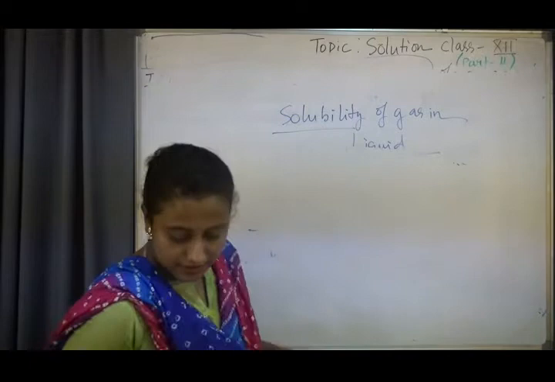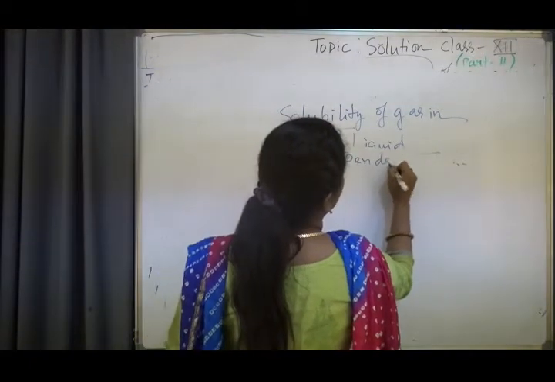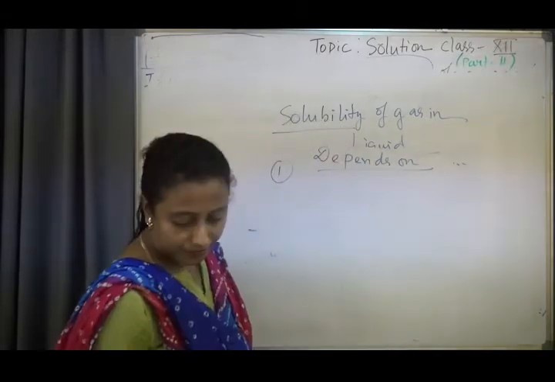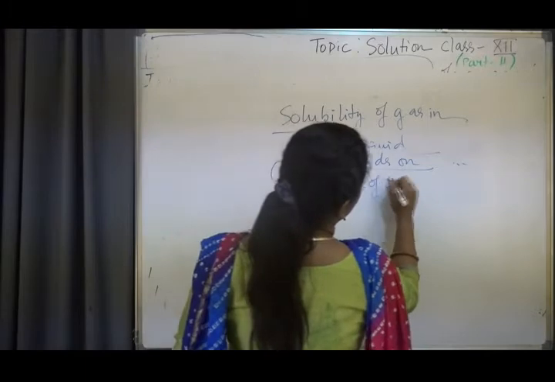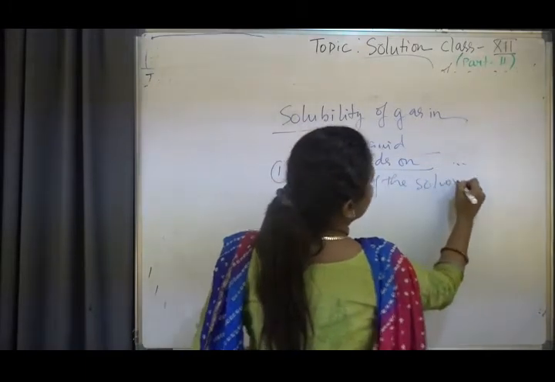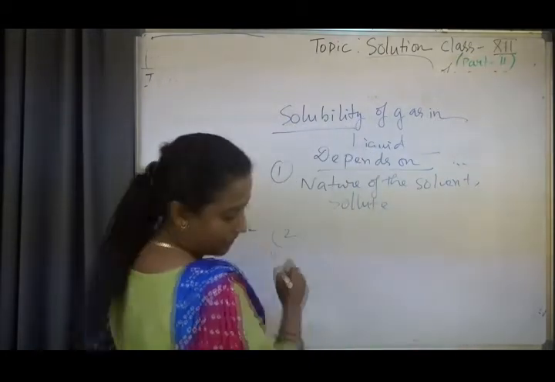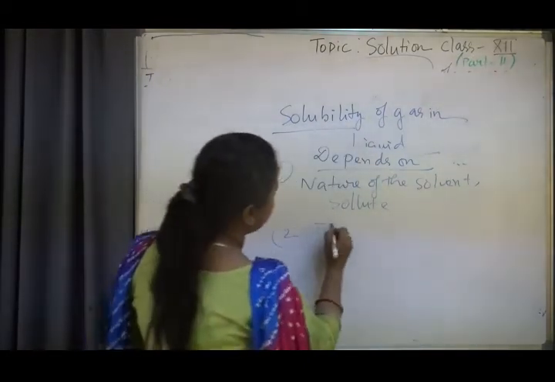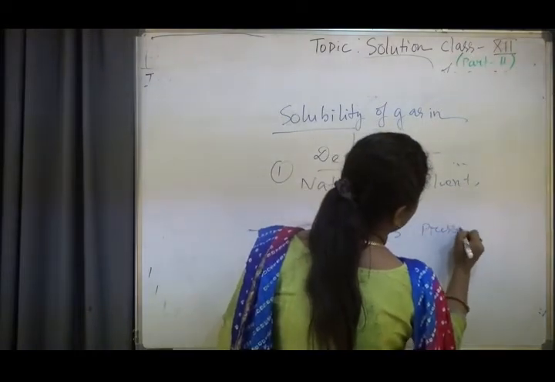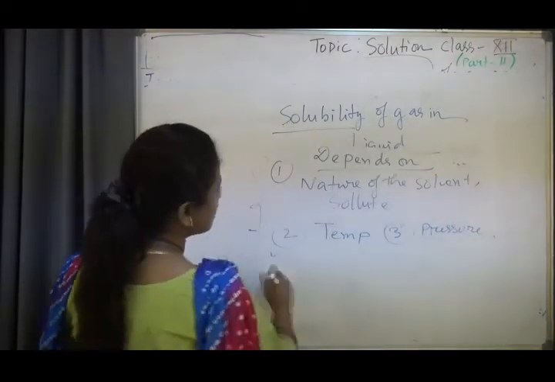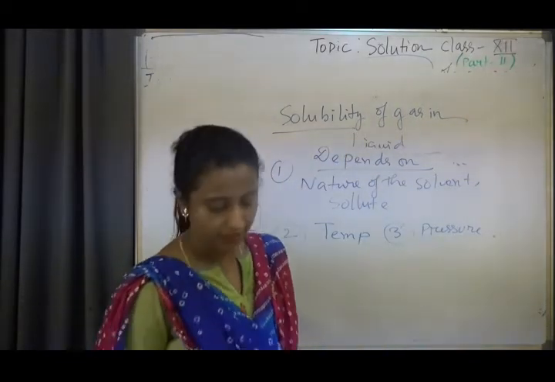It depends on the nature of the solvent and solute. It depends on the temperature. It depends on pressure. These are the most important things on which the solubility of a gas depends.